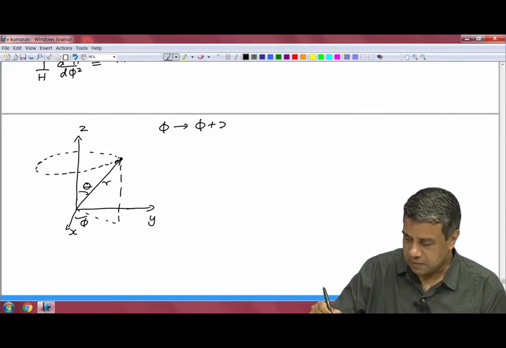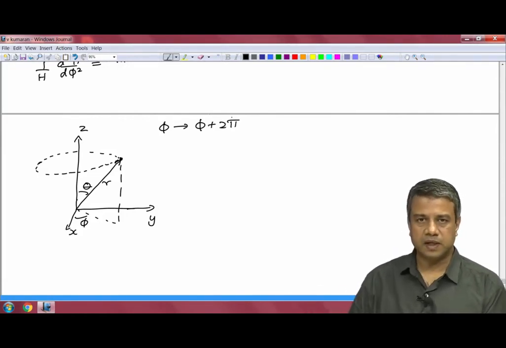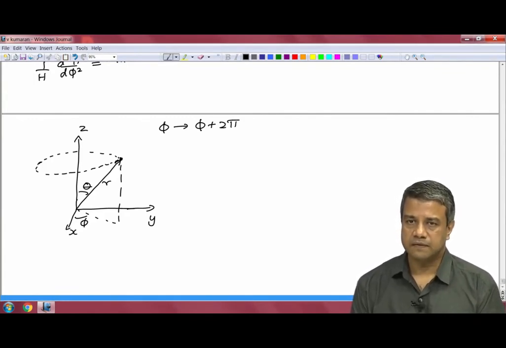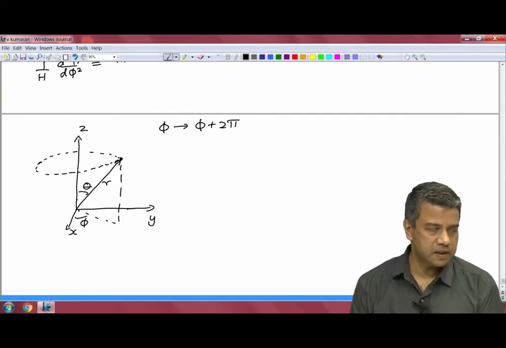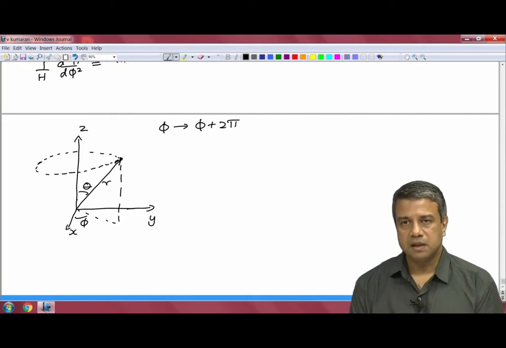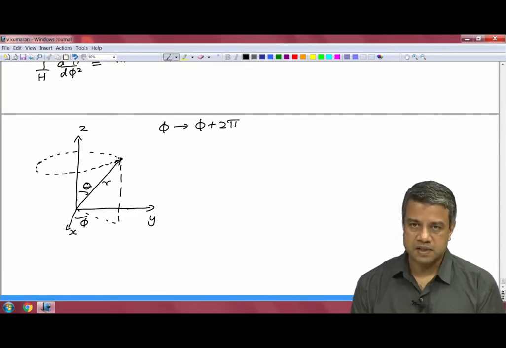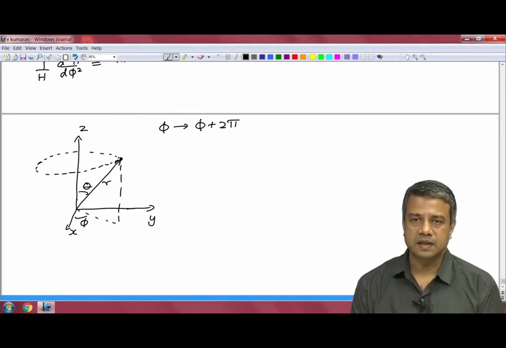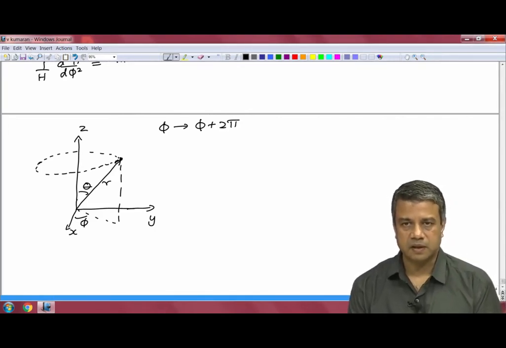If I go once around the z axis, I increment the angle phi by an angle 2 pi. And when I increment phi by 2 pi, I come back to the same physical point in space. Therefore, at the same physical point in space, all properties have to be exactly the same. So, that means any property has to be the same if the angle phi is incremented by 2 pi.